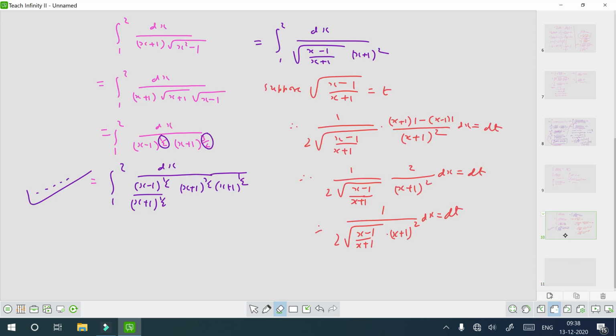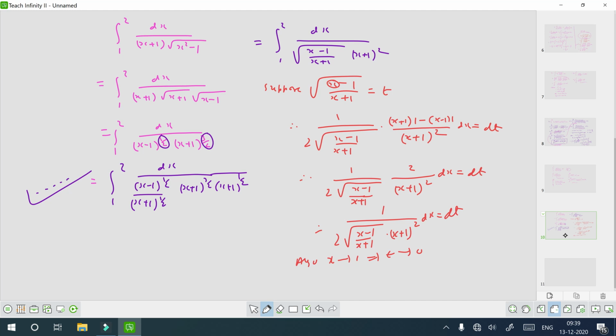So what is I? Also we need to change the limit. x tends to 1 implies first of all t tends to 0. Why? X is equal to 1 here, then 0.